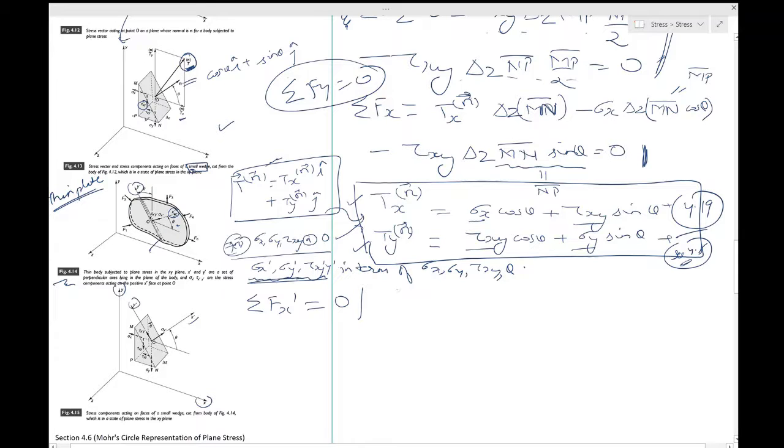You write sum of Fx dash is equal to 0, so this dash is on the x. So let's see, sigma x dash has to be multiplied by a suitable area. What would that be? Delta z multiplied by mn. Okay, that makes it easy. Now let's consider another force. So sigma x, for example, this one. What you have to do is you have to take the force first: sigma x multiplied by the area delta z mp.